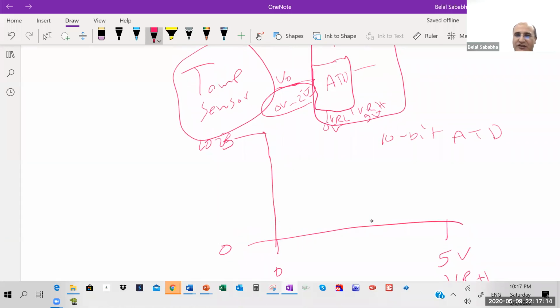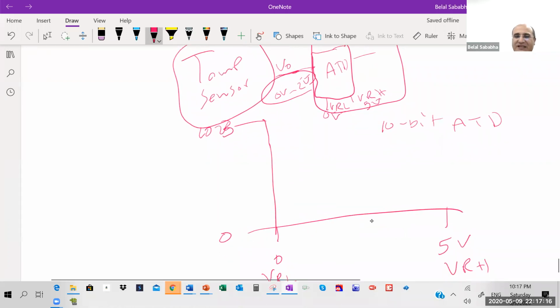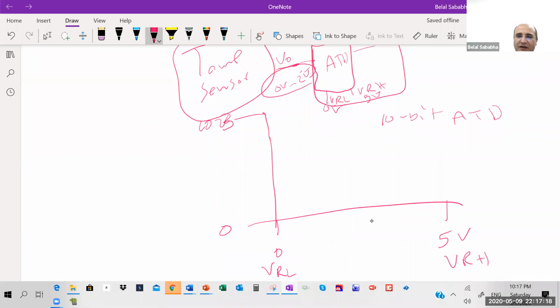Your voltage is 2 volts maximum. So أنت هون يعني 2.5 is 512 صح؟ You're around somewhere here يعني والله you can do the math.